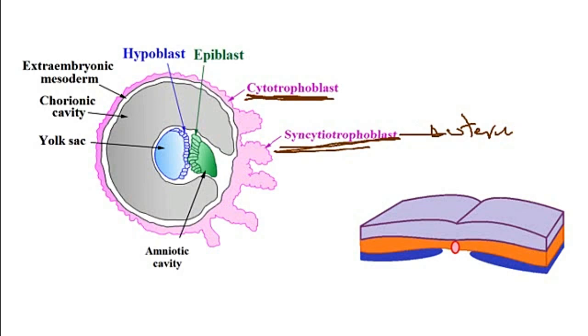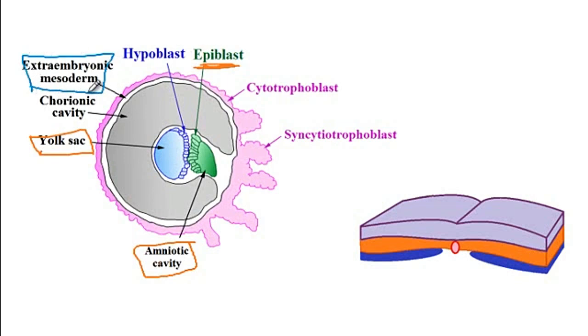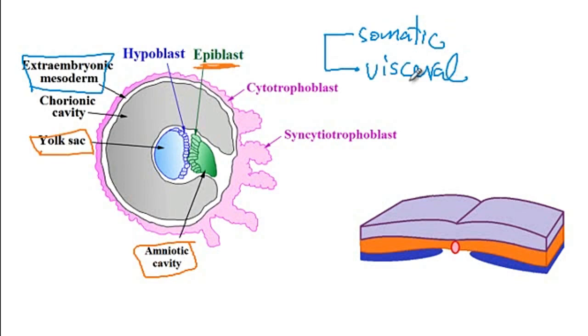And then the other cell type, which was the embryoblast, gives rise to the epiblast. And epiblast will form the amniotic cavity, and then the hypoblast forms the yolk sac. And then in addition, epiblast gives rise to the extraembryonic mesoderm, which has 2 layers. The somatic layer as well as the visceral layer. So the somatic layer is shown right here.